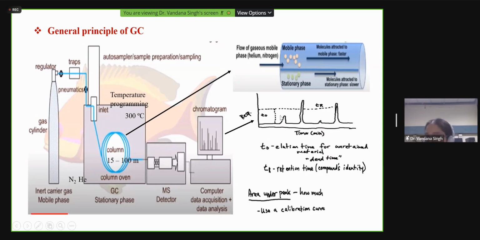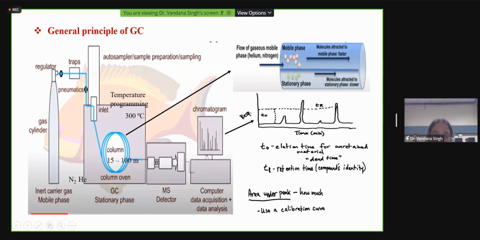Once we get the chromatogram, with different peaks at different retention times, how can we be sure that a peak belongs to a particular analyte? For that we generally run a mixture of standards, which are known compounds whose retention times and identities are known.